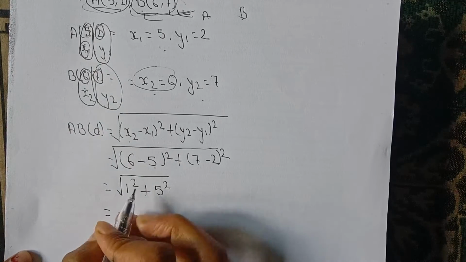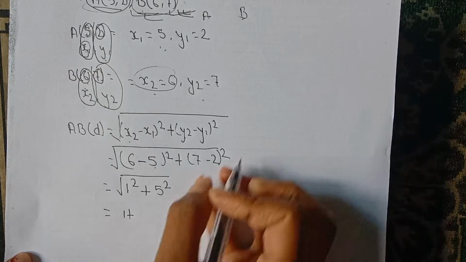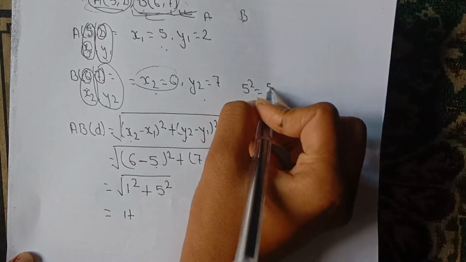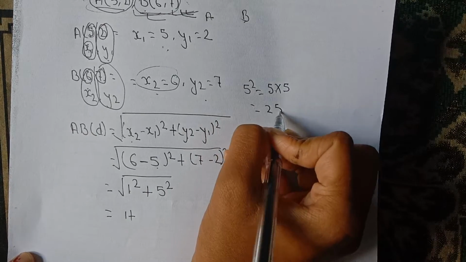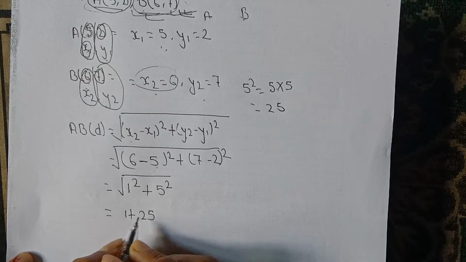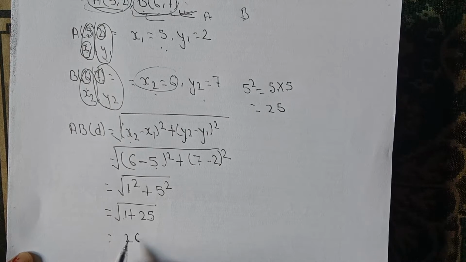Now 1 square is 1, and 5 square means 5 into 5, which is 25. So we write 25 plus 1.